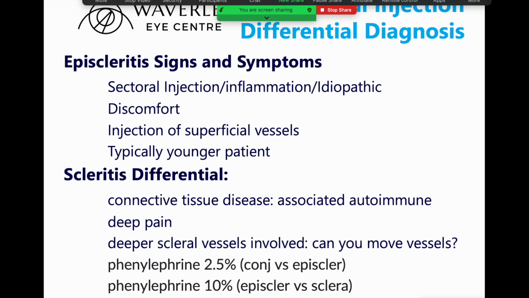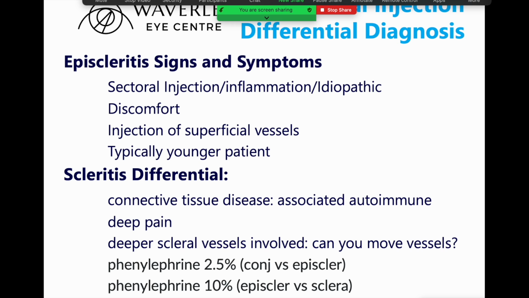Another way you can use is phenylephrine. Phenylephrine in different concentrations can help differentiate between different levels, because the higher the concentration, the more the phenylephrine will penetrate into the tissues and blanch or constrict the blood vessels. So a 2.5% phenylephrine won't penetrate down to the sclera, and it won't penetrate down into the episclera, but it will penetrate into the conjunctiva.